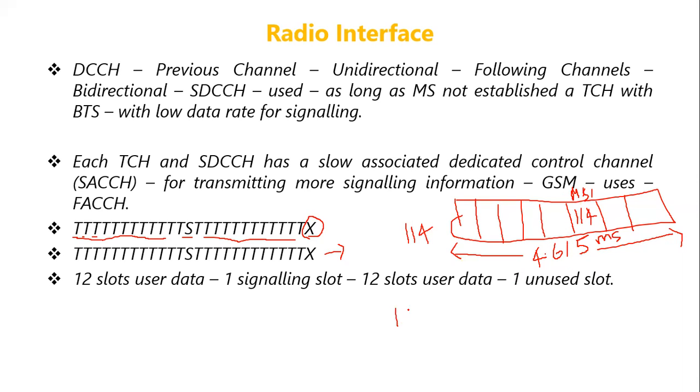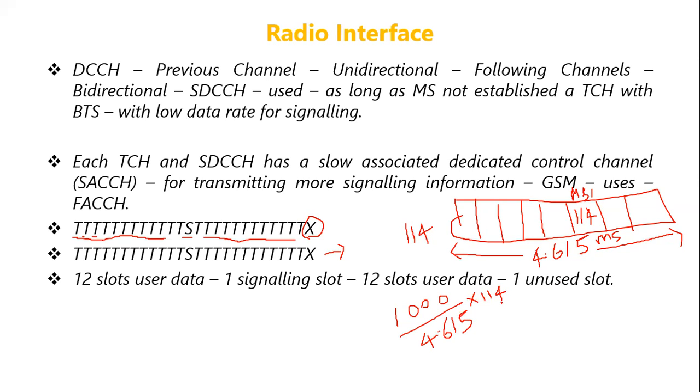For that, we should do 1000 divided by 4.615, which will give the number of frames transmitted during 1 second, multiplied by 114, and that will give the data rate per second.